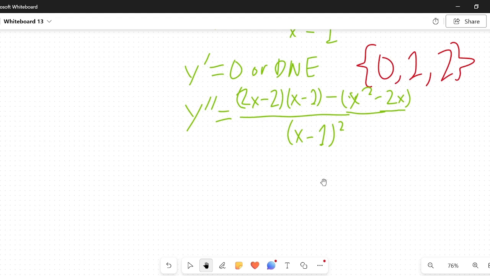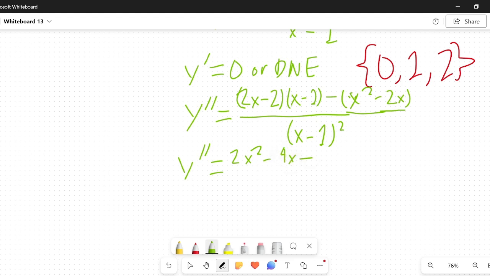So essentially, if we simplify this, this can be simplified to 2x squared minus 4x plus 2 minus x squared plus 2x, all over x minus 1 squared, right?